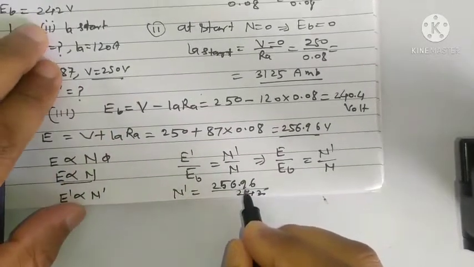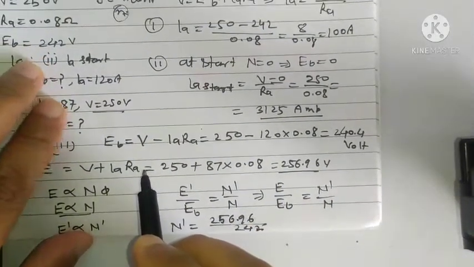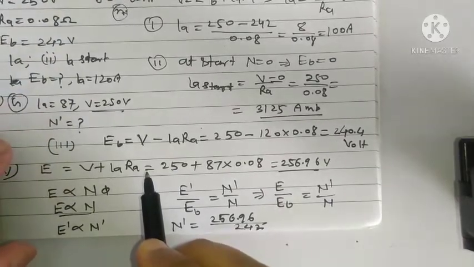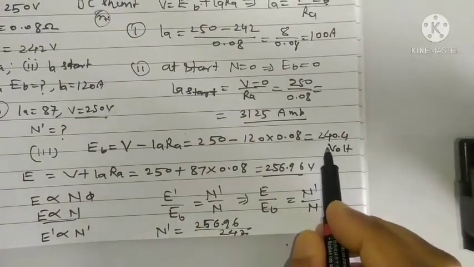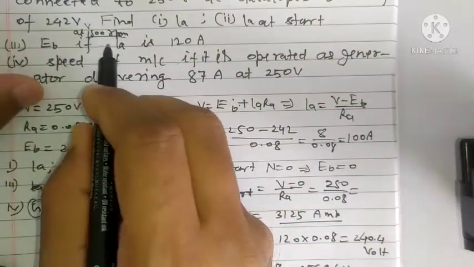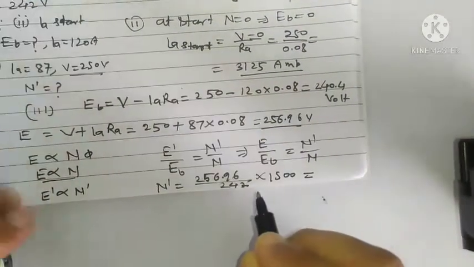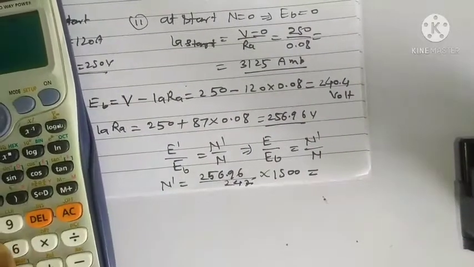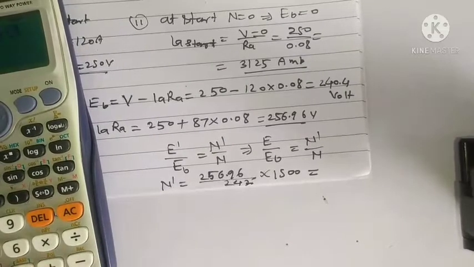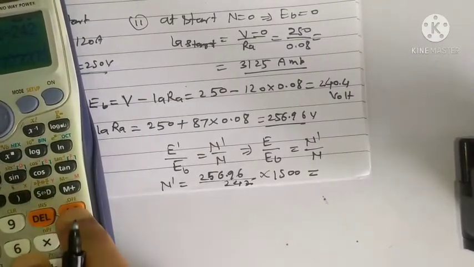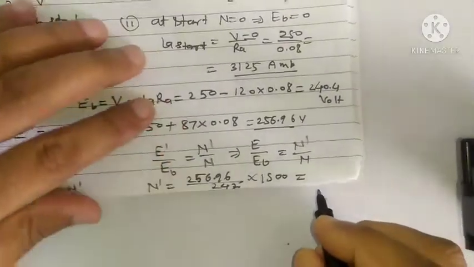We take EB as 242, not 240, because corresponding to this EB we know the speed, and corresponding to the calculated value, the speed is not known. Speed is given as 1500 RPM. So 256.96 into 1500 divided by 242 is 1592.7, that is 1593 RPM.